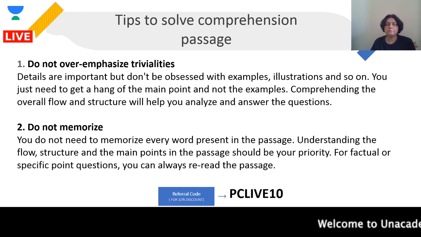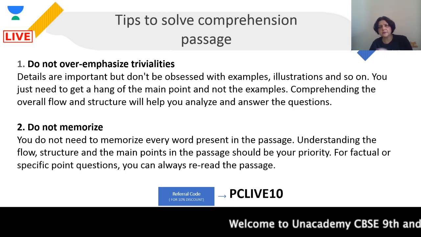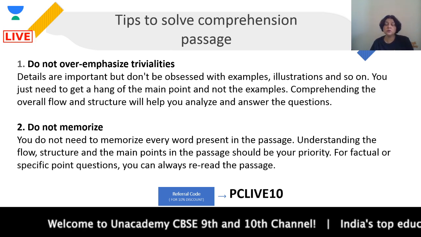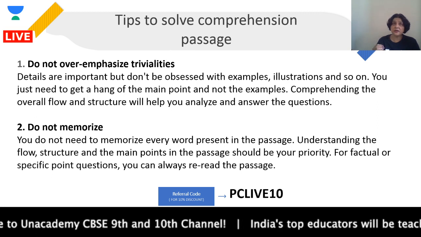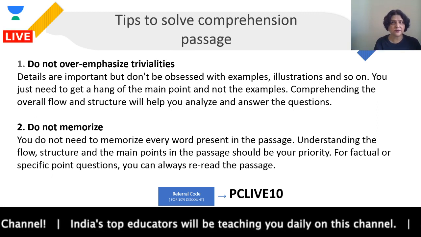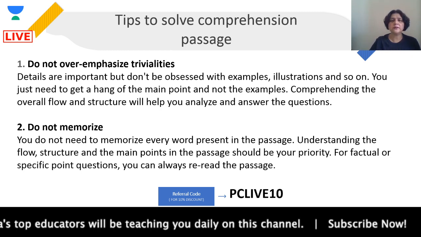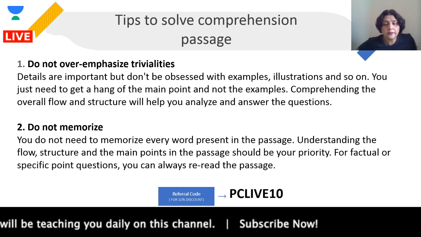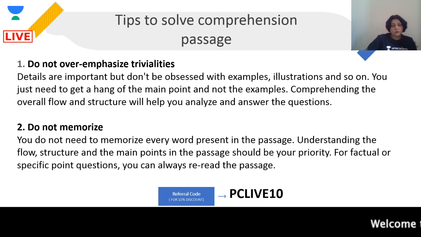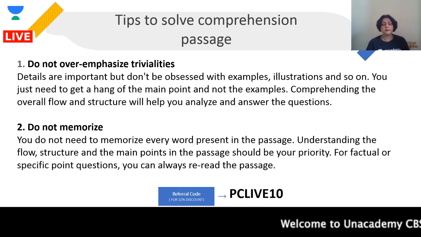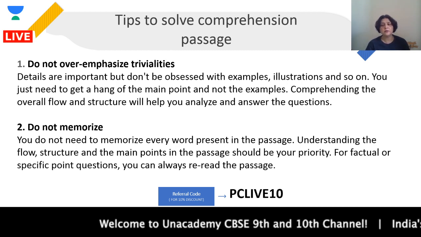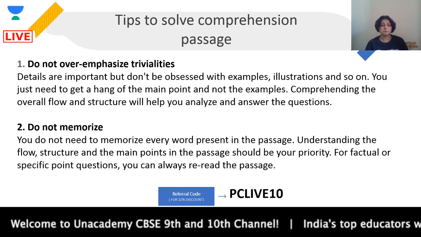Mostly you will see that your comprehension questions will be 1 into 4, 1 into 5, 1 into 8, 1 mark each. So you just have to understand what the question is asking me, what the passage is trying to convey, and how I should be writing the answer in my own words. Why? Because I have understood the flow, I know the structure and the main points which I should be mentioning in my answer using my own words.